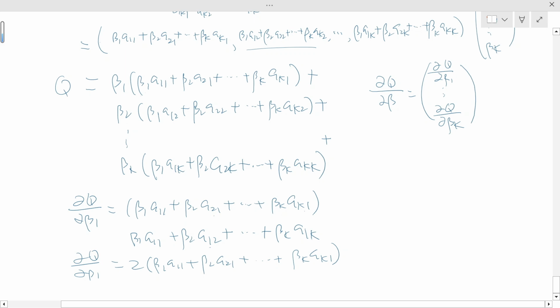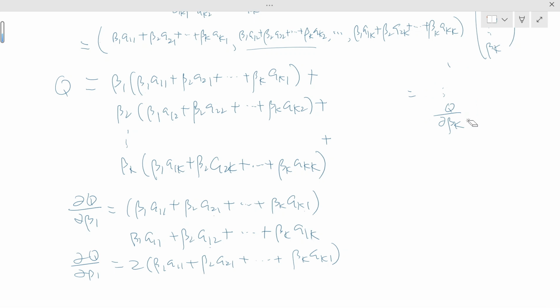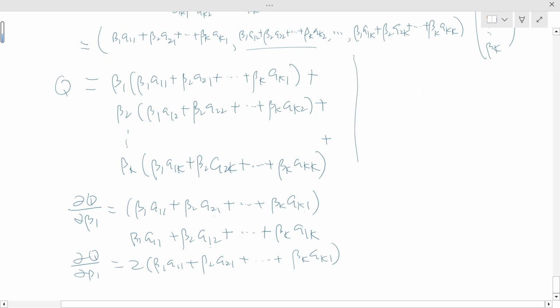Let me write it here. So partial Q, partial beta 1 is 2 times beta 1 A11 plus beta 2 A21 plus beta k AK1.